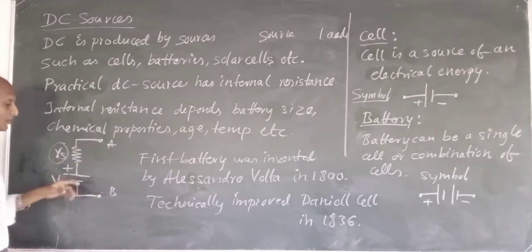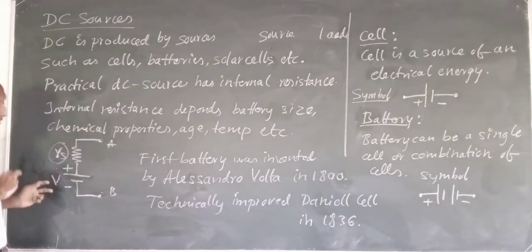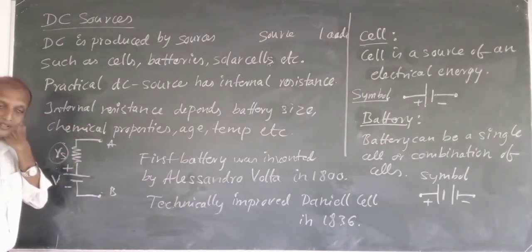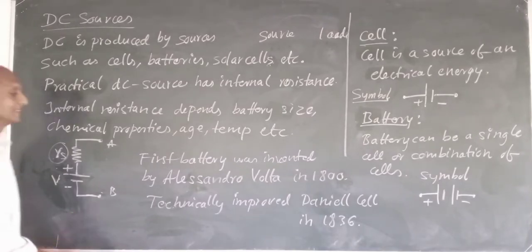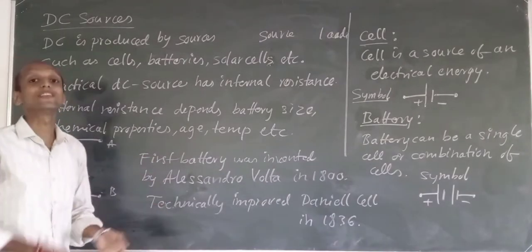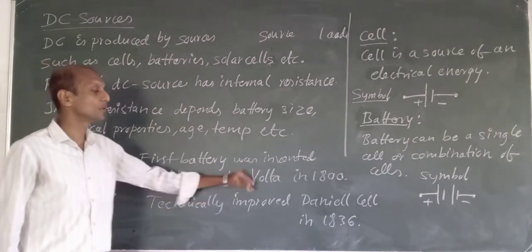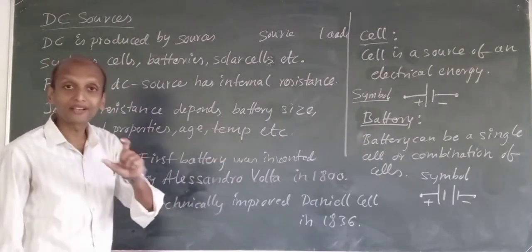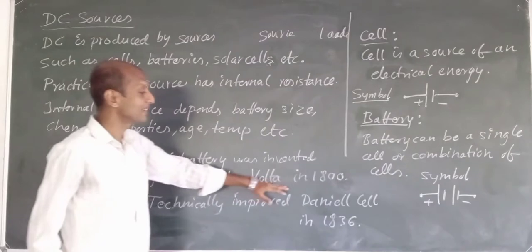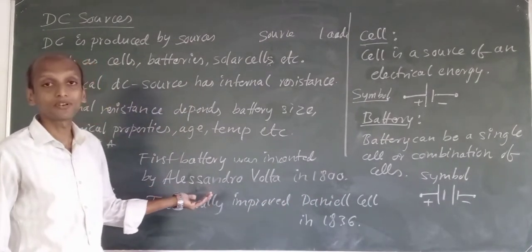Coming to points A and B, at these two points I can find the potential difference V volts. So now we have this representation of a practical DC voltage source. Now coming to the first invention. The first battery was invented by Alessandro Volta, the scientist who invented the first battery, in the year 1800.